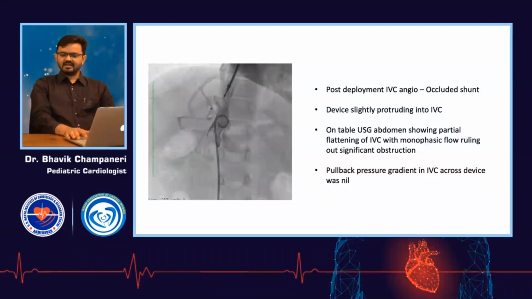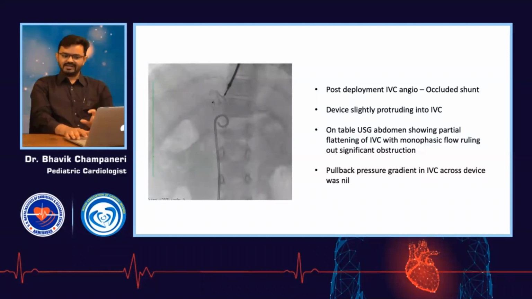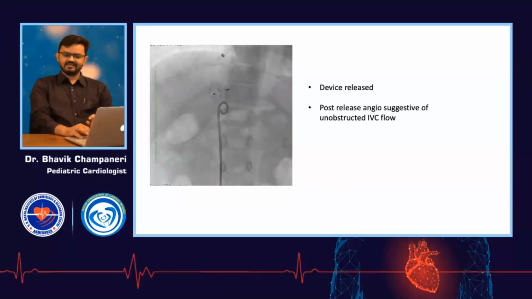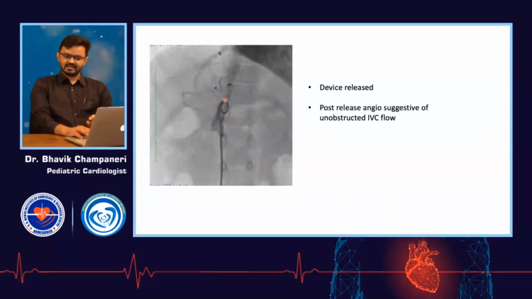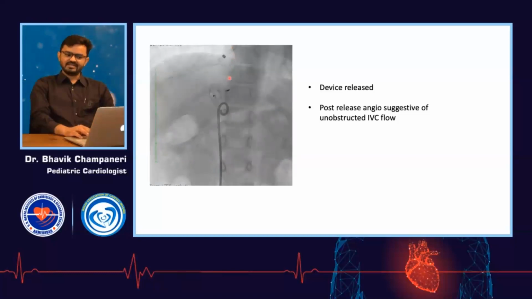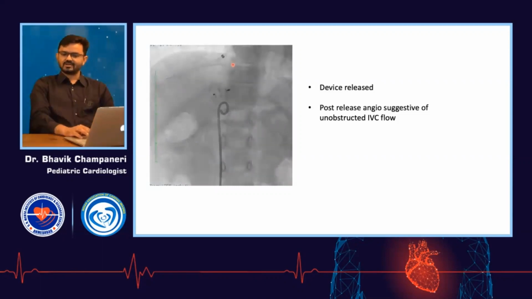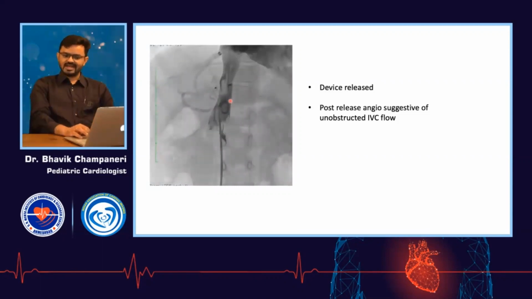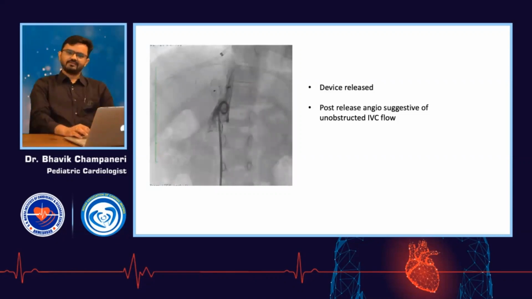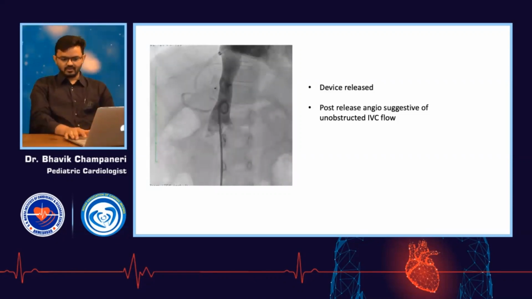With this important finding, we went ahead and released the device, and this is the post-release device angio of the IVC showing a well-flowing IVC. Although you can see there is an overlap between the device and IVC, there was no pressure gradient across this device, and sonography again confirmed the IVC was unobstructed and there was a monophasic flow.